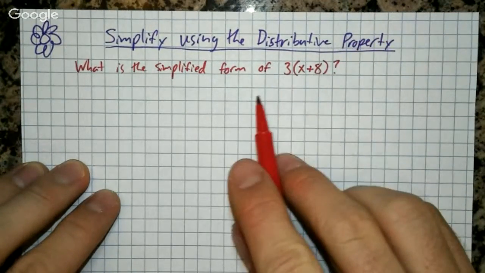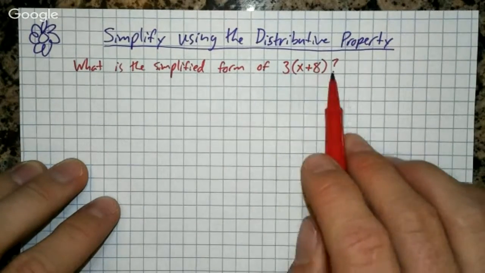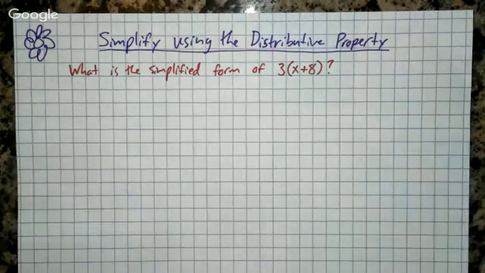And the way we say that is, what is the simplified form of 3 times the quantity x plus 8? So anything in the parentheses you can call the quantity. 3 times the quantity of x plus 8. Okay? So now let's go ahead, and I'm going to put some steps down.